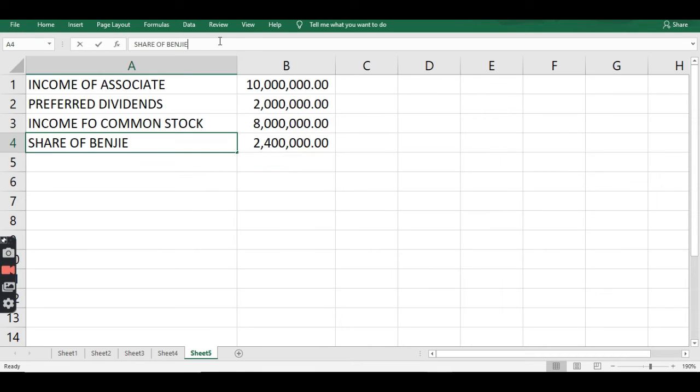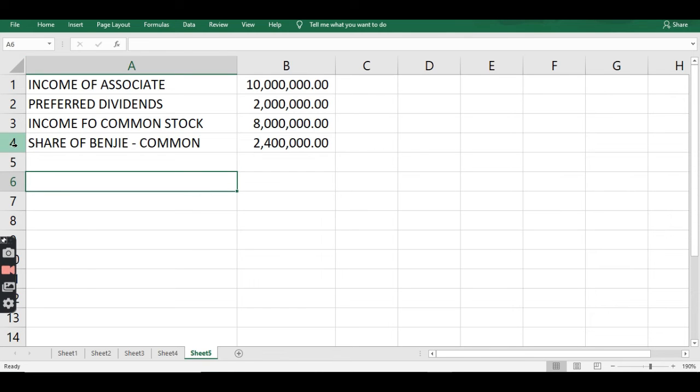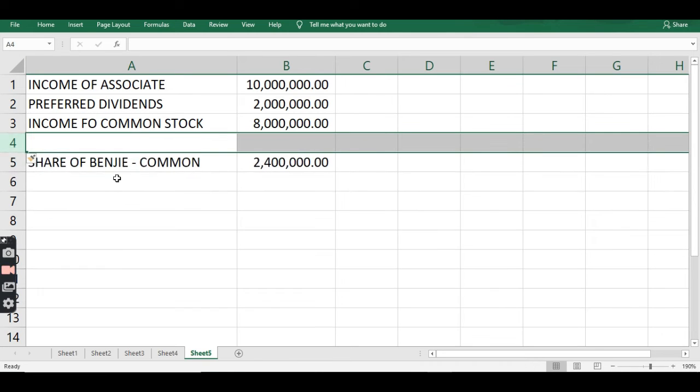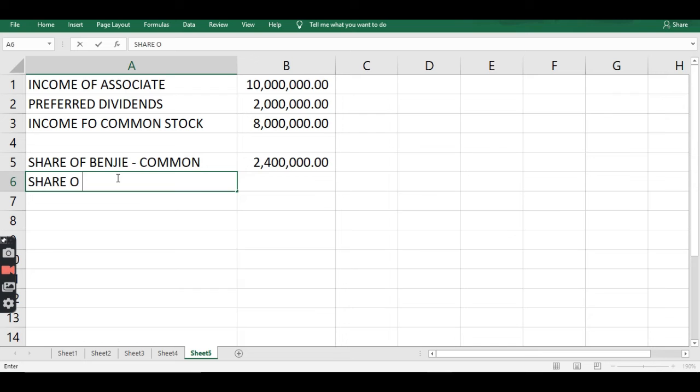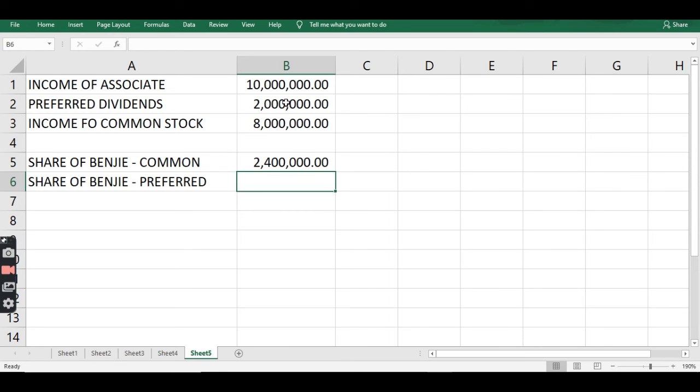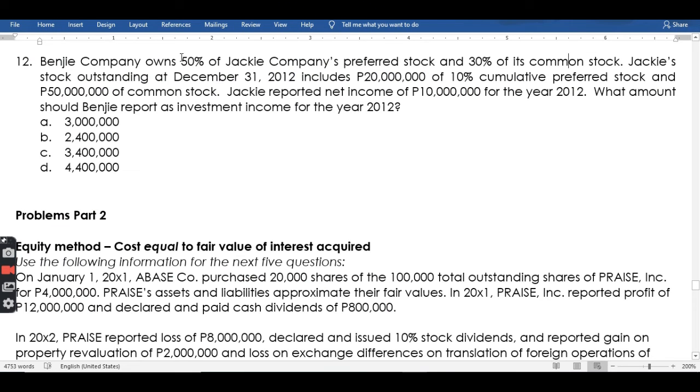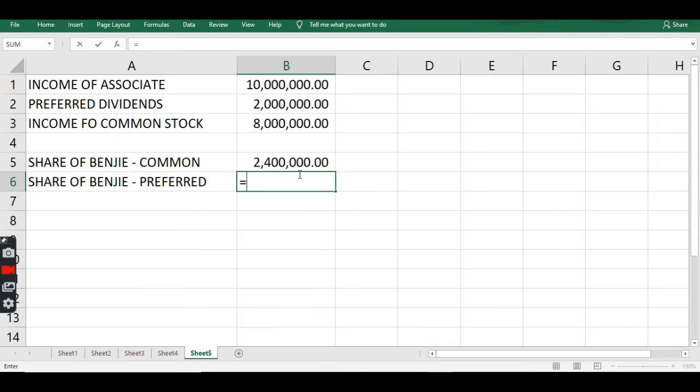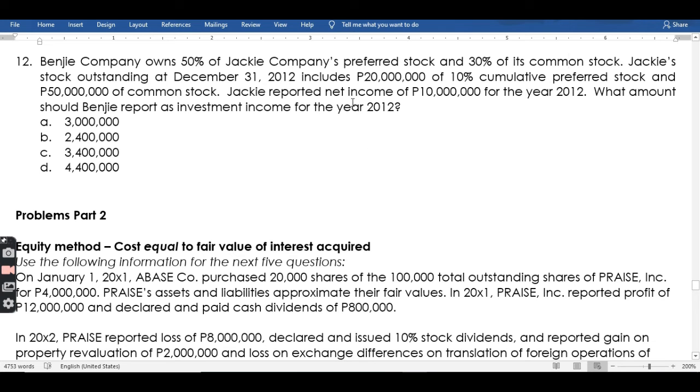So, share of Benji, lagay natin common. Okay. Meron pa. Kasi meron pang share of Benji preferred. Diba? Kasi kung preferred dividends ito, tapos sa kanya yung 50%, that's going to be, wait lang, ano ba nangyari?